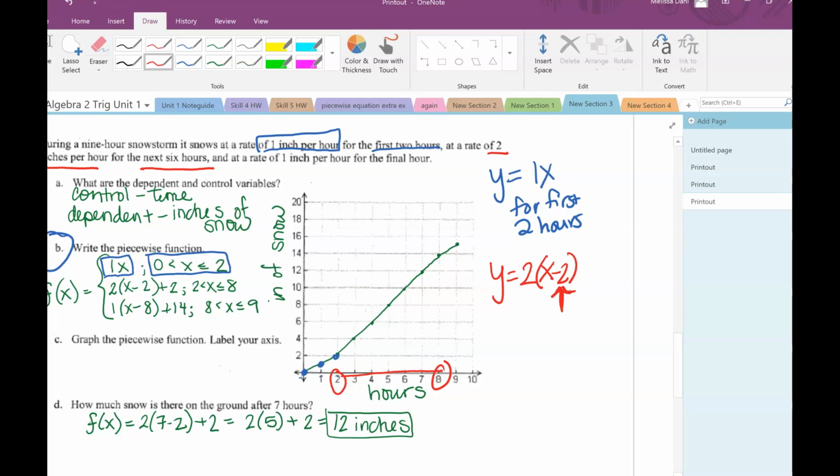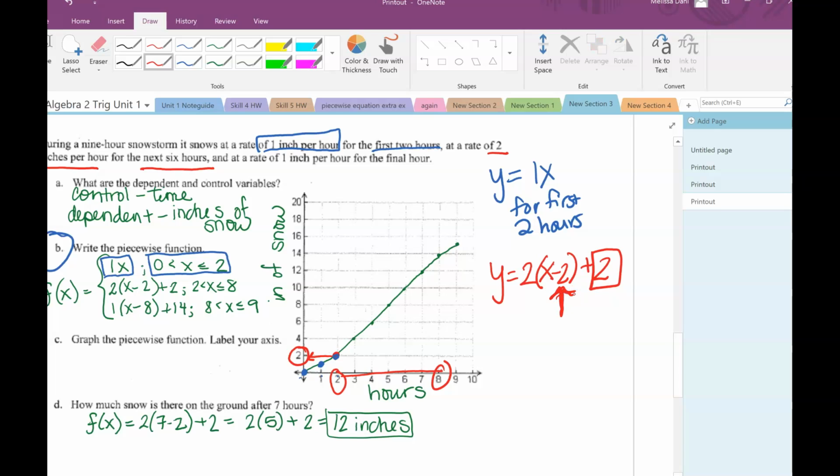And so the plus 2 is the amount from the original snowfall. So see when that first rate ended, it was at 2. So this is like mx plus b, but only if we consider b our starting point now for this. And our slope is adjusted because we're not going to multiply everything by x.